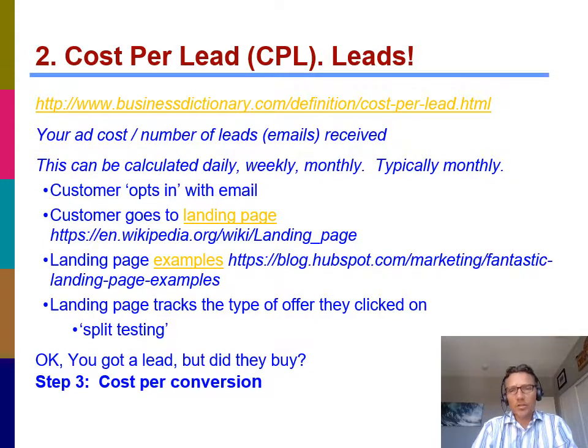So the cost per lead is simply your total ad cost, which from the previous slide we know was $100 total, based on how many leads we actually received. So let's assume we had 10 leads and we spent $100. It's $10 per lead. This is an important metric to know because you can use this number to compare against other advertising options.